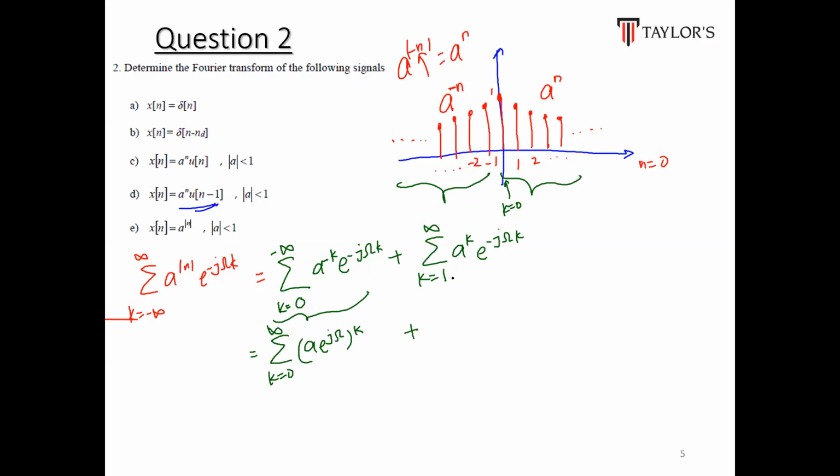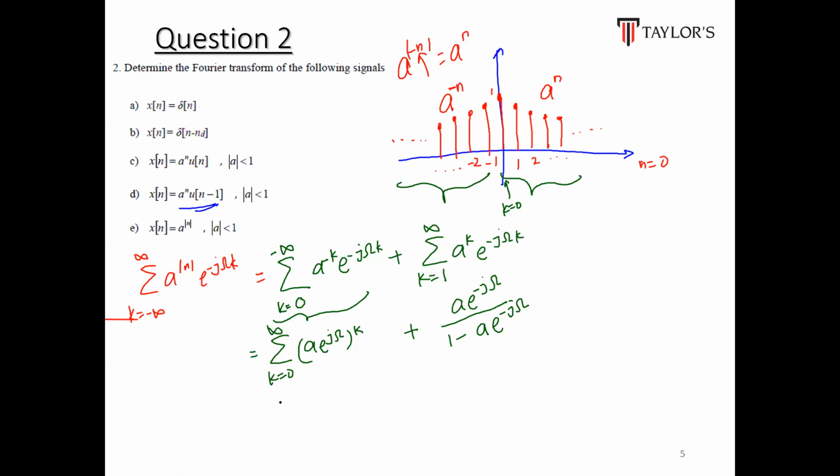And this part is exactly the same as what you did earlier, right? So for this part, I should write the answer, which is a e^(-j omega) divided by 1 minus a e^(-j omega). All right. The difference from just now is that just now it was 1. Now it's a e^(-j omega), because I start from 1 now.